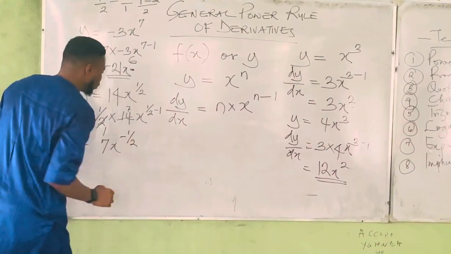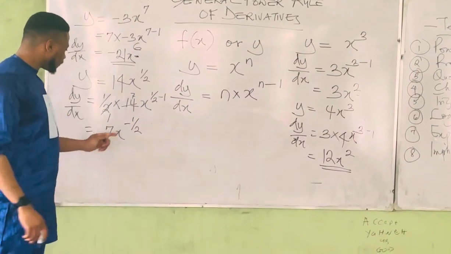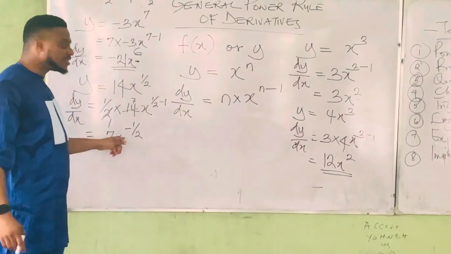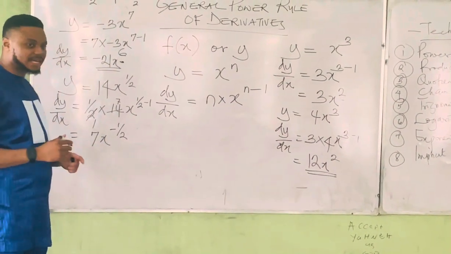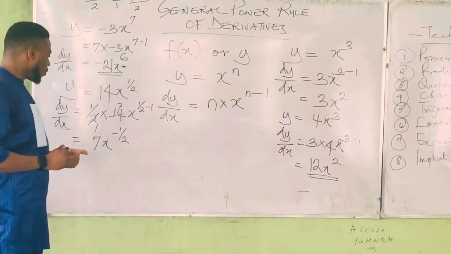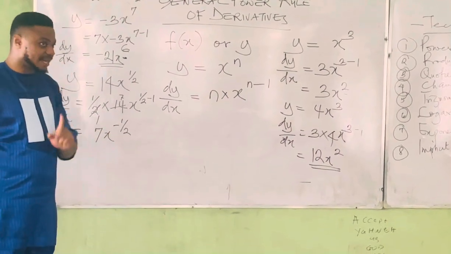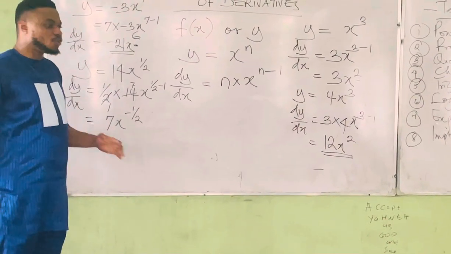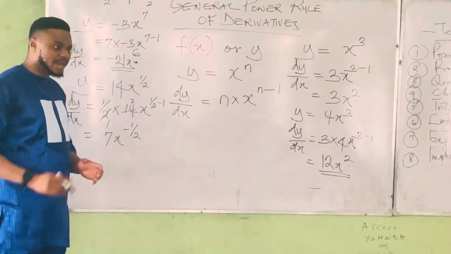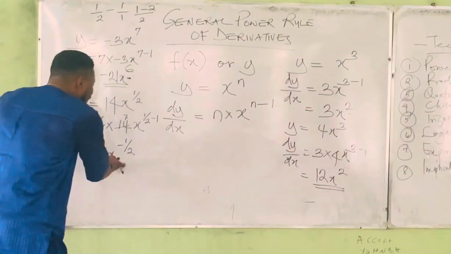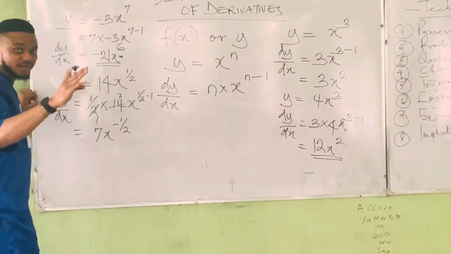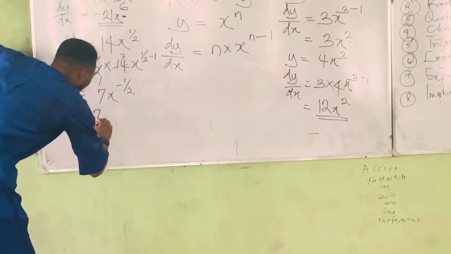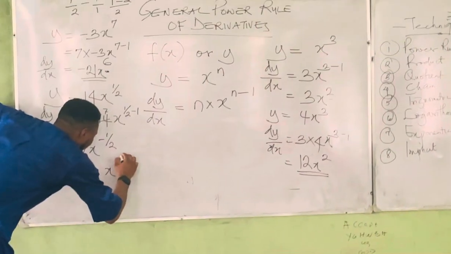Minus 1 over 2. But now, please, whenever you have a negative power, don't leave your answer like this. Okay? You can simplify it further. What do I mean? Look at this, guys. 7x raised to power minus 1 over 2 is equal to 7 times x raised to power minus 1 over 2.